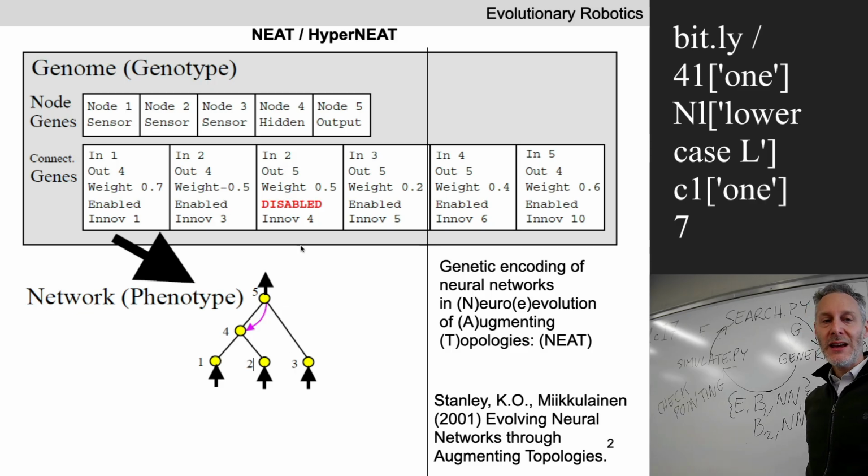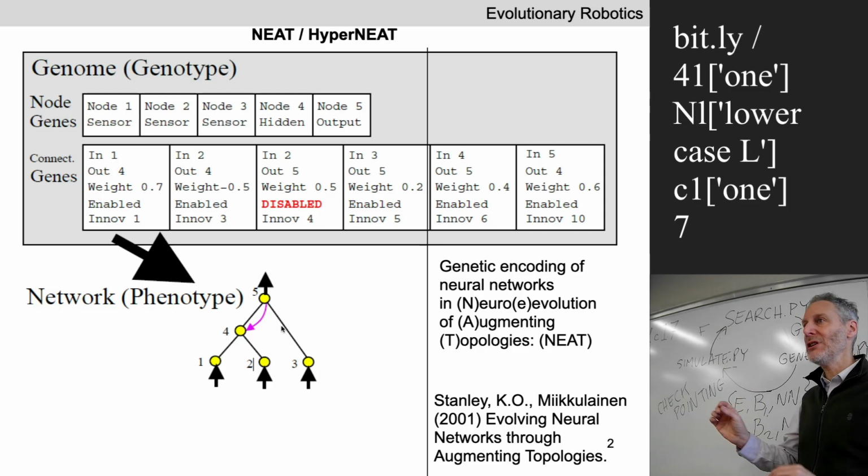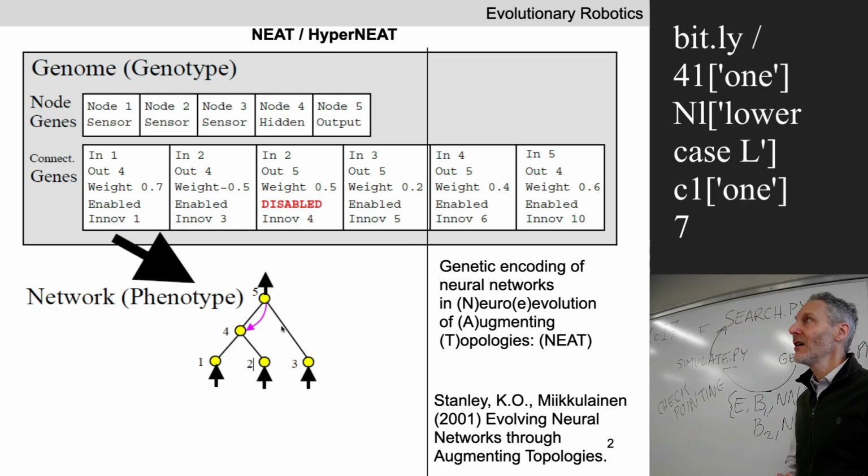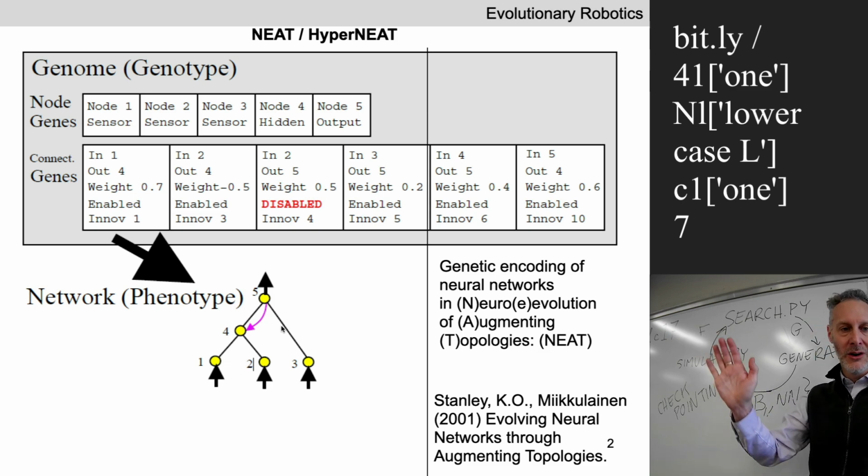If a mutation lands right here and changes the weight from 0.5 to something else, that child is going to have an identical phenotype to the parent. So one of the reasons that inoperative code might exist in us is because it buffers against mutation. There are other reasons why it might be useful. We don't have time to go into it now, but it's in there.